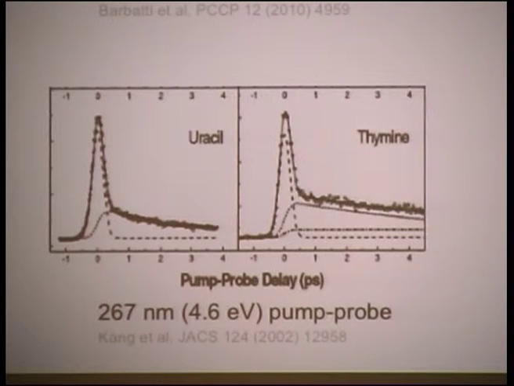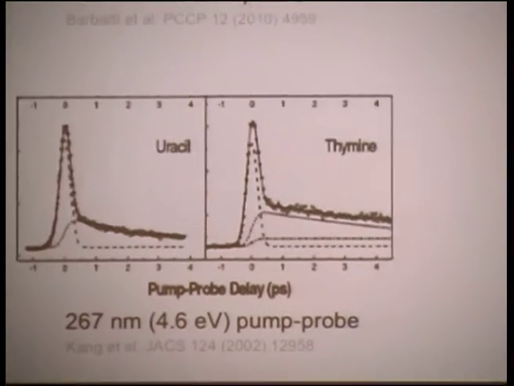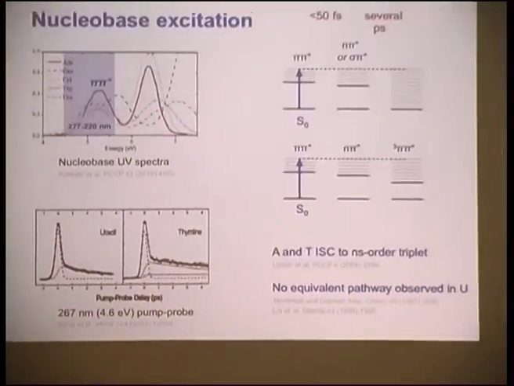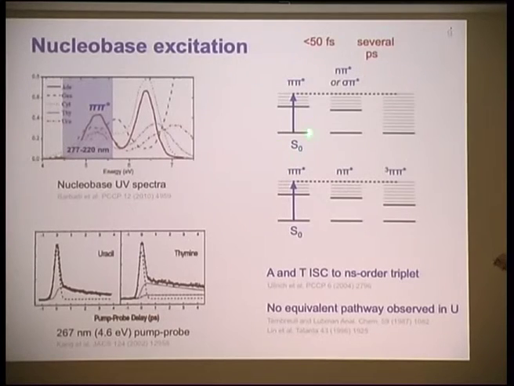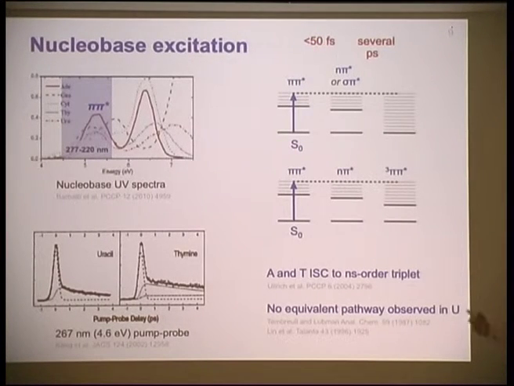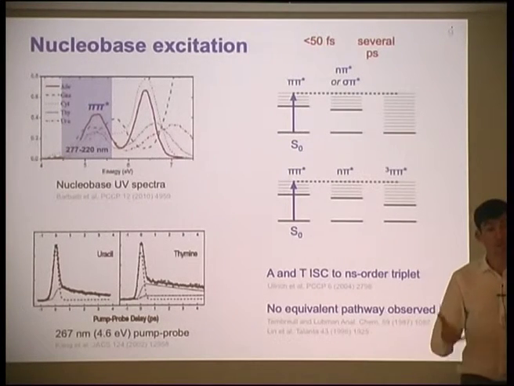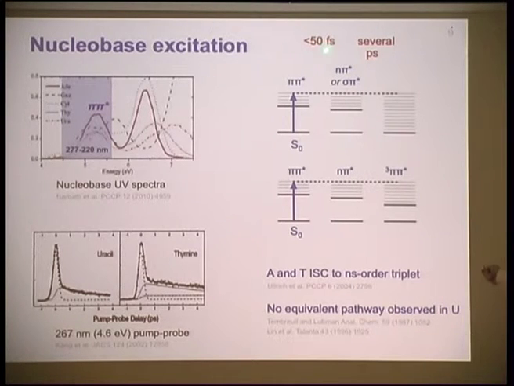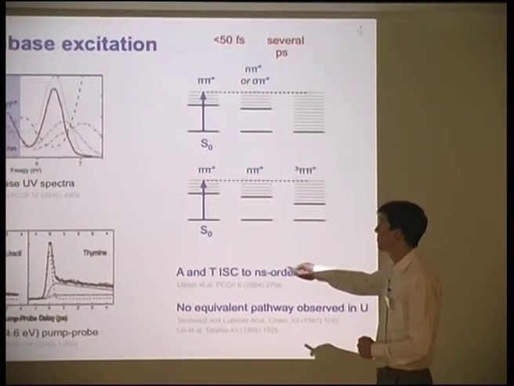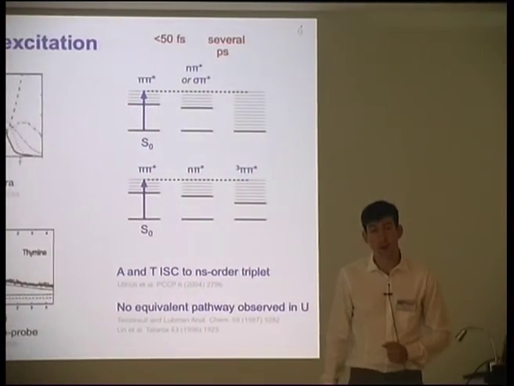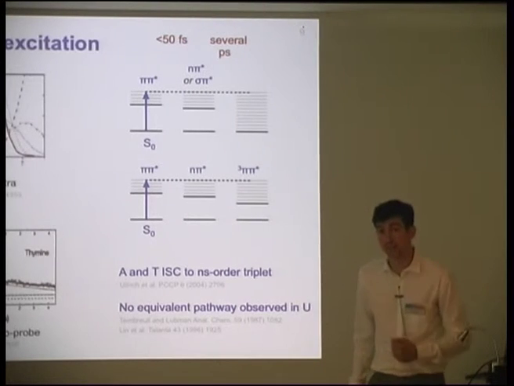There's a general consensus that there are two types of relaxation processes that dominate. You access your bright pi star state, and then the molecule stays in this electronic excited state for a very short time, less than 50 femtoseconds. In the context of our experiments, that's too short a time for us to be able to ionize from these states, so we can't look at these states in our experiment.